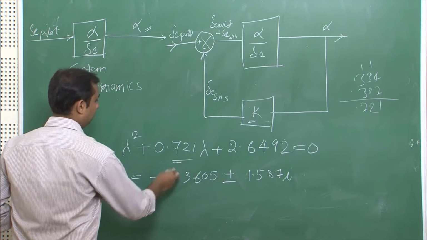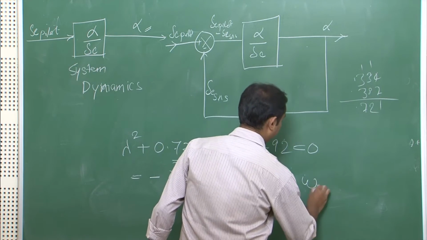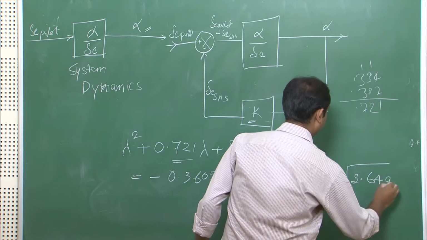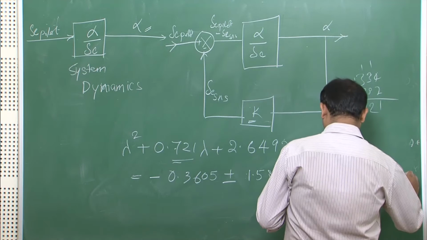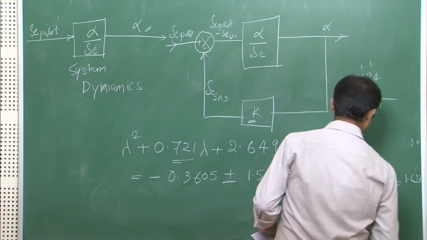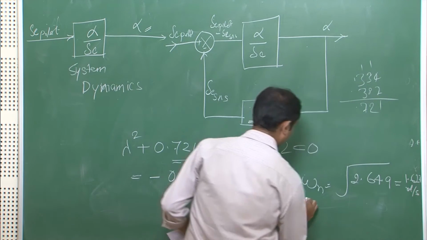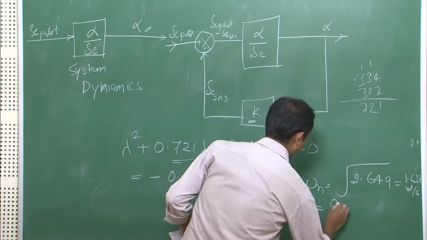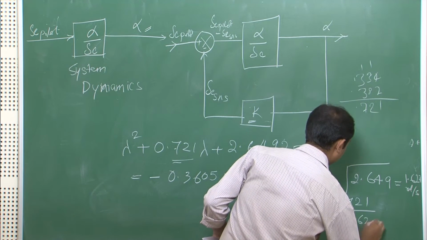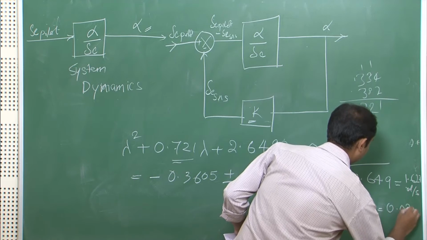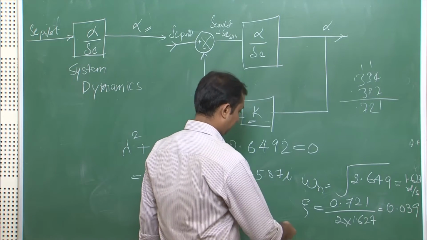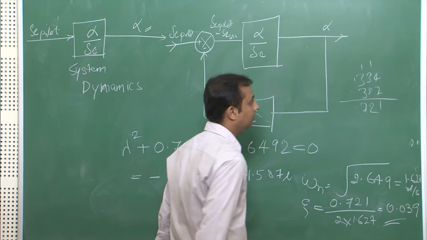From this characteristic root, you can find the value of omega n, which is the root of 2.649, which will give me 1.627 radian per second, and zeta will be 0.721 divided by 2 into 1.627 equals 0.039. You can see from this that the value of zeta is very small.